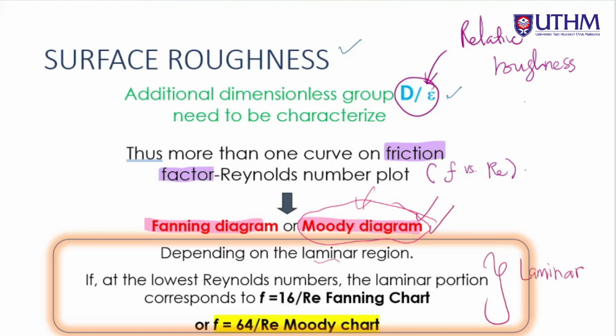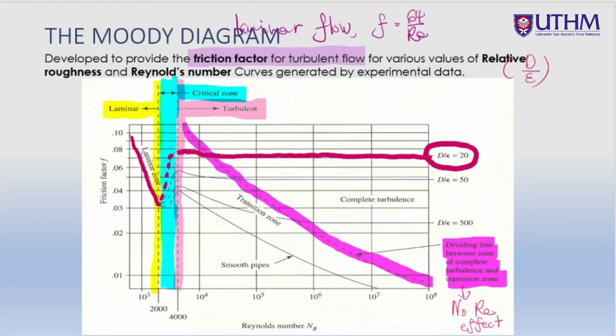Okay, for a laminar region, usually lah, for fanning chart kita guna friction factor equals to 16 over Reynolds, and for Moody chart kita guna F equals to 64 over Reynolds. Yang ni sama je macam tadi kan, for a laminar. So kalau kita tengok sini ni contoh. So sorry, saya counting banyak pula dekat sini.